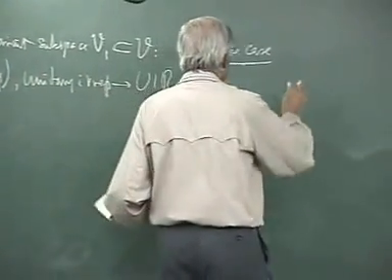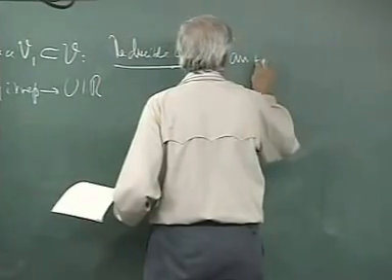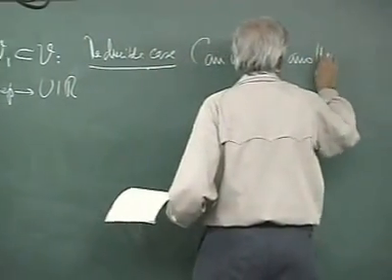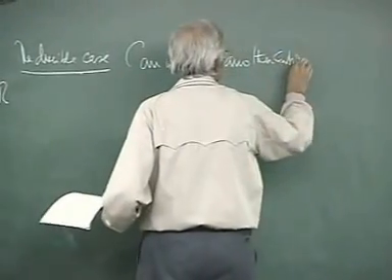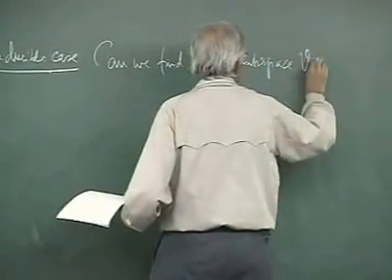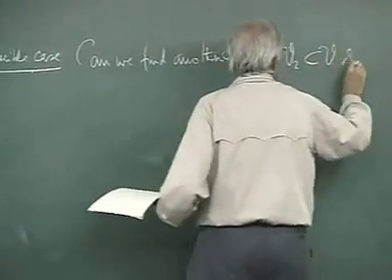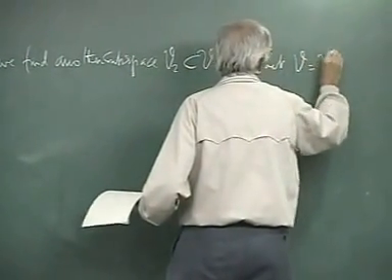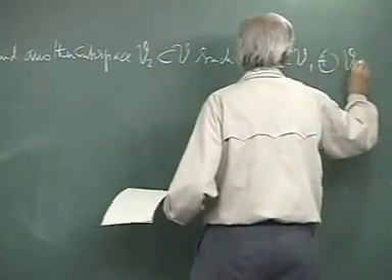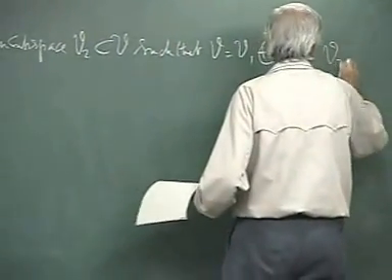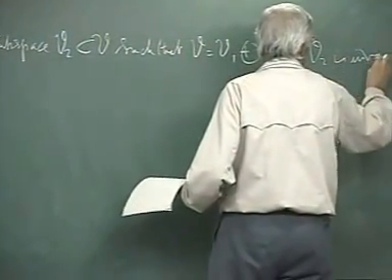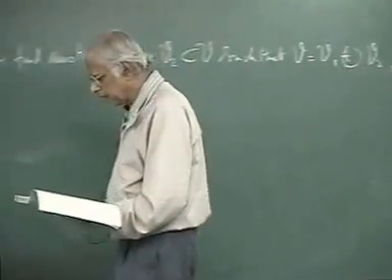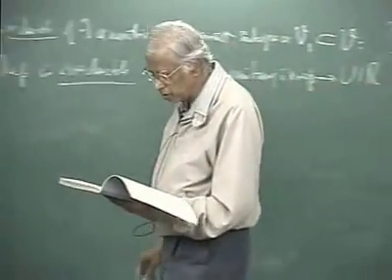You ask the question, can we find another subspace V2 in V such that the whole space is the direct sum of V1 and V2, and V2 is also invariant. That is, vectors in V2 are taken by the original representation into vectors in V2.